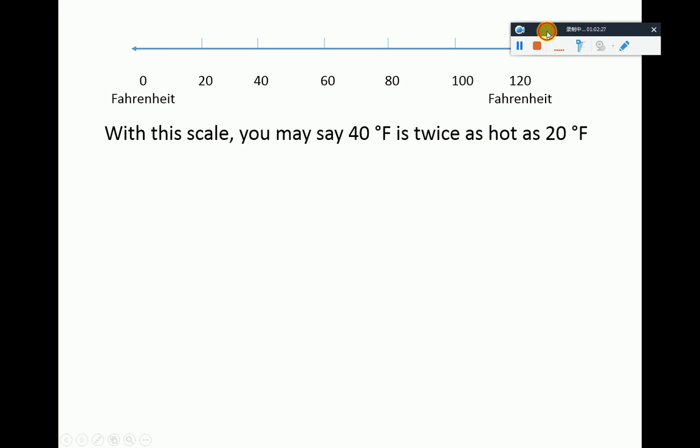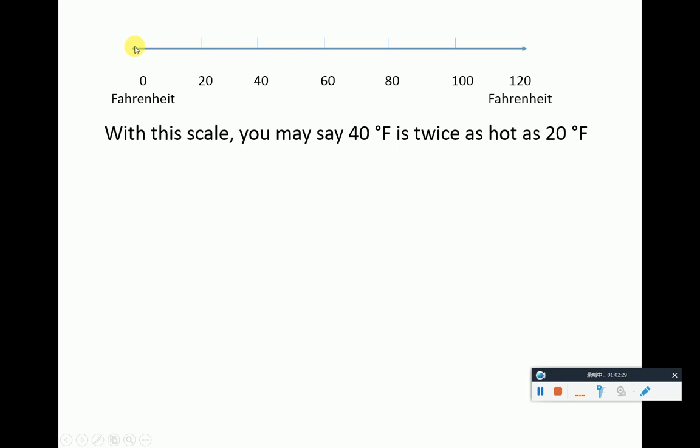So with this particular scale that has 0 as the starting point, we could say that 40 degree Fahrenheit is twice as warm as 20 degree Fahrenheit because 2 times 20, that's 40. So with this particular scale, we could say that.